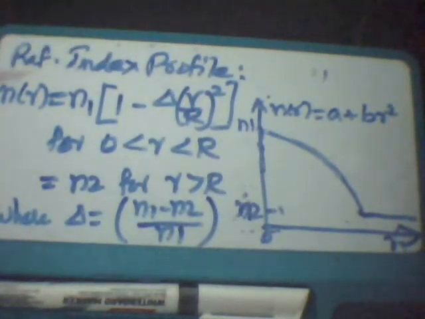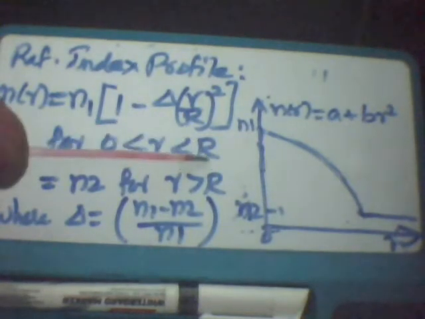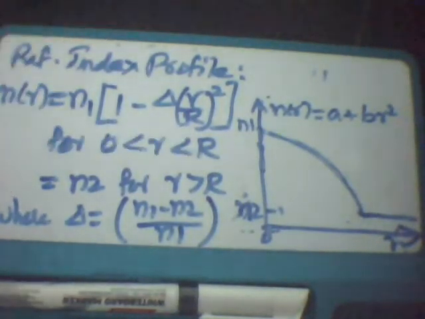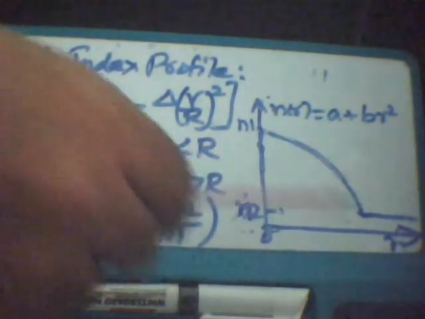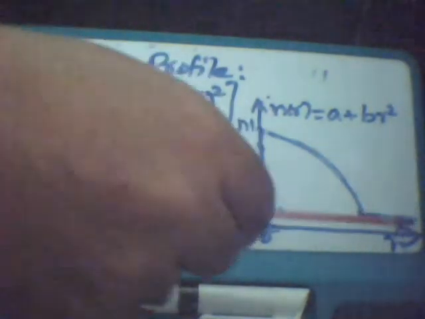So now the refractive index profile is given by the expression n of r is equal to n1 into 1 minus delta into r by R the whole squared for 0 less than small r less than capital R, where R is the maximum radius of the core, and it will be equal to n2 for r greater than capital R, that is towards the cladding.